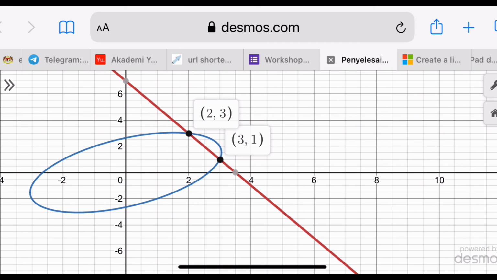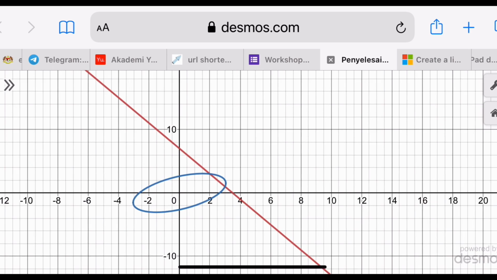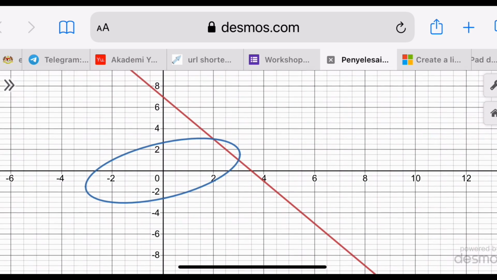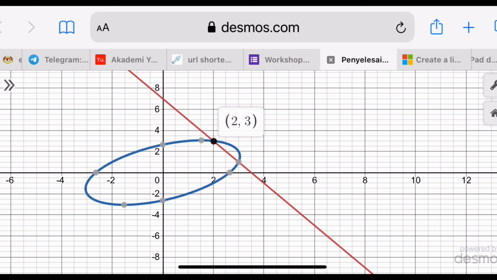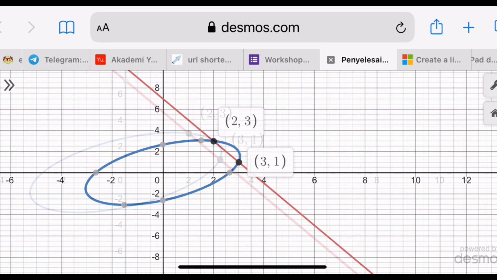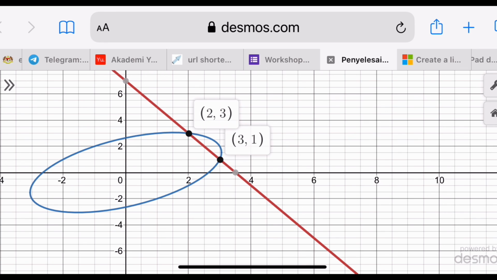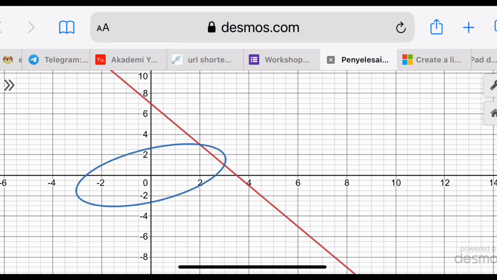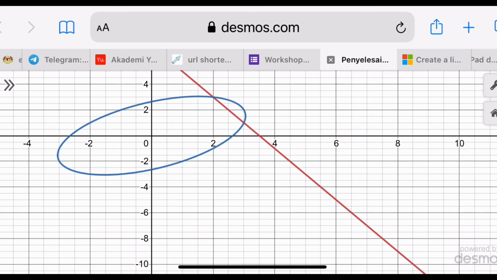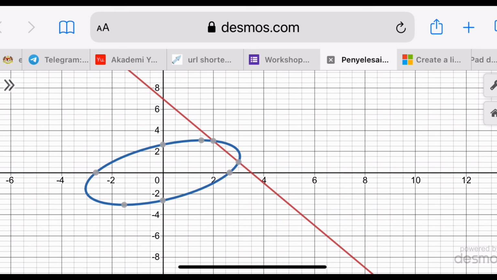So by using Desmos, it shows us that a simultaneous equation is in fact finding the point of intersection between the straight line and the curve. So if we have two solutions, but sometimes we don't have any solution, meaning that there are no roots. I really hope that my sharing will help you have a better understanding of the concept of simultaneous equations.